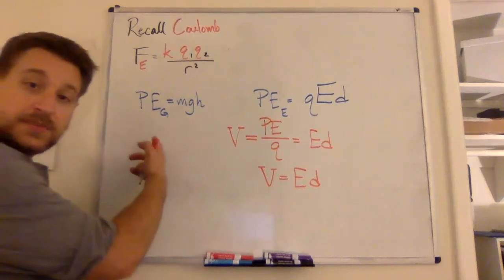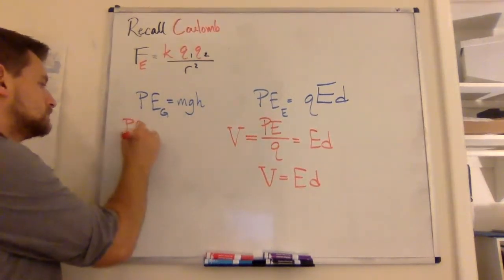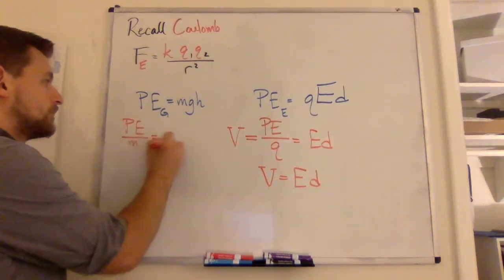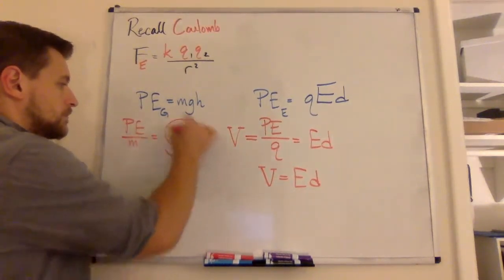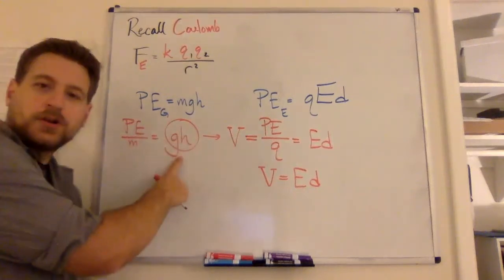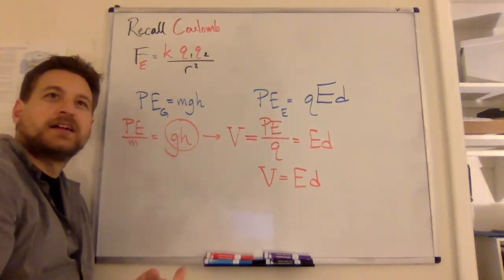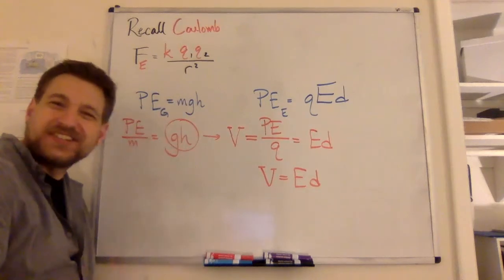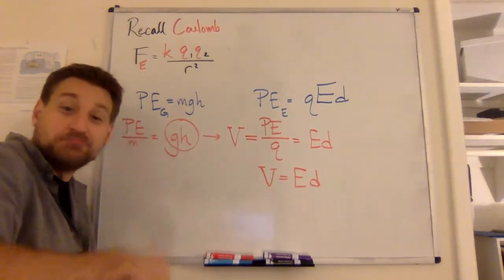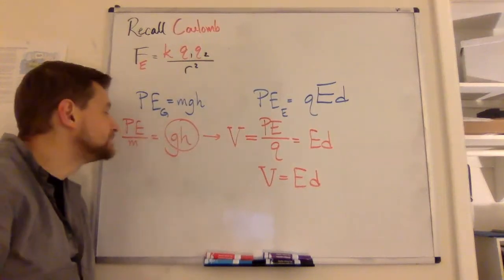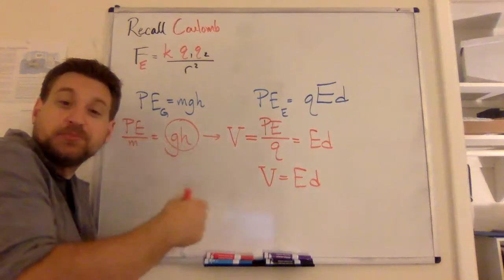We could have done the same thing with gravity. Call it gh, the gravitational environment created by mass nearby. Call it the gravitational potential.